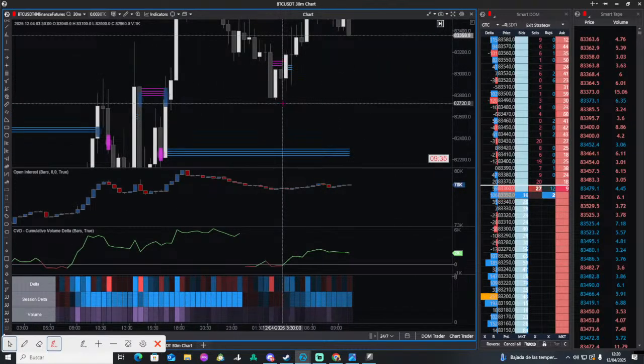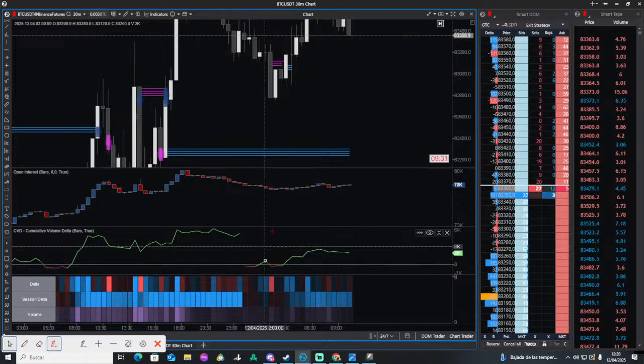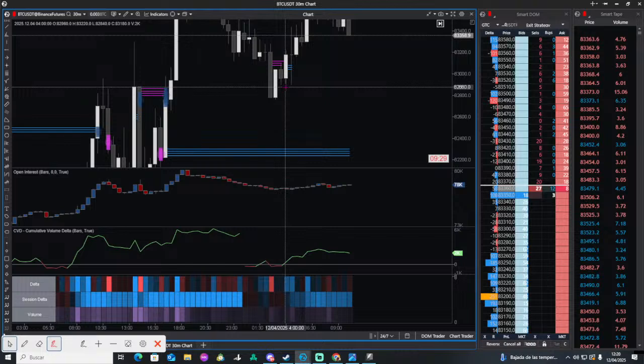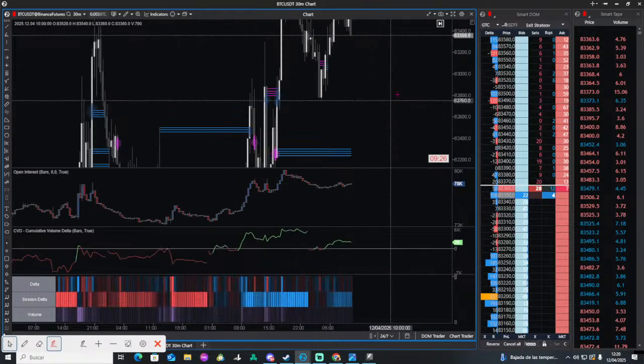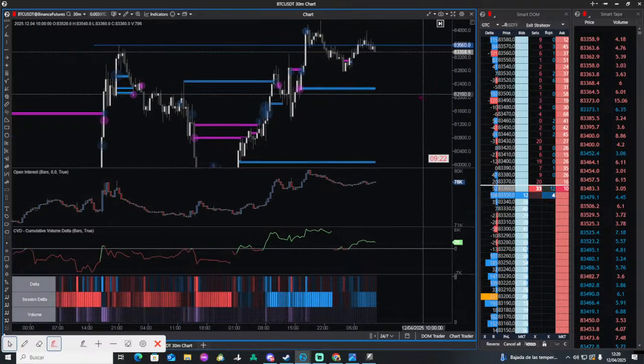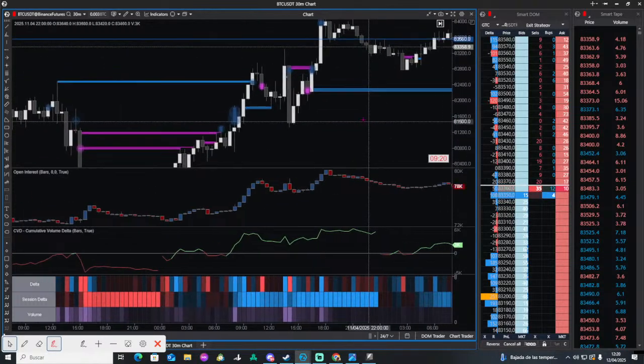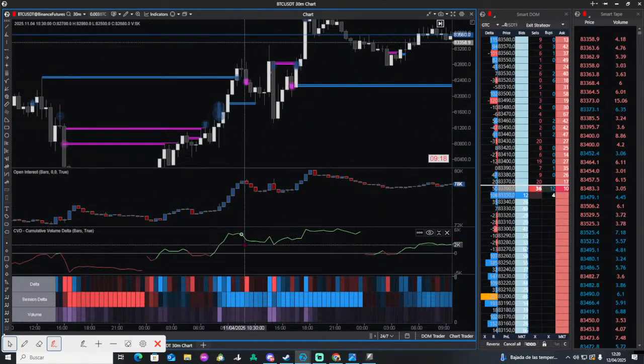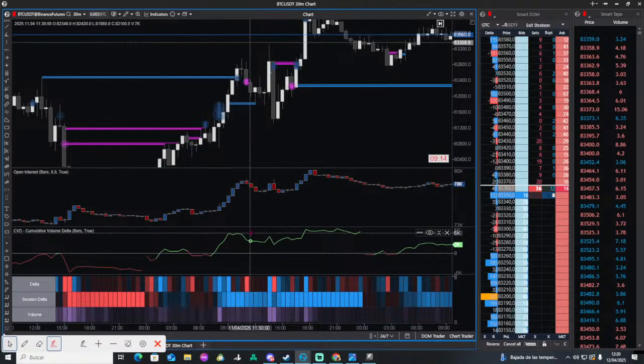This candle was higher than this one. No, sorry. Here it is more extended. You need more price to see it, because here is a weekend and it's nothing reliable. But here, for example, with open interest and CBD, you have these highs, and then this high is higher, but CBD is lower.